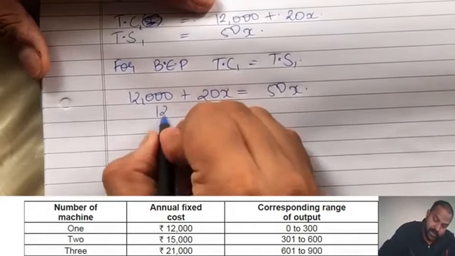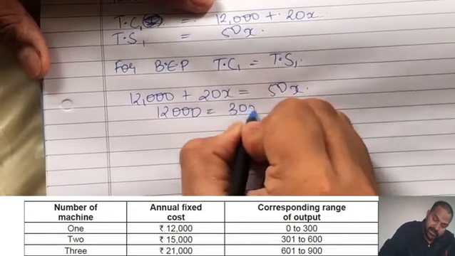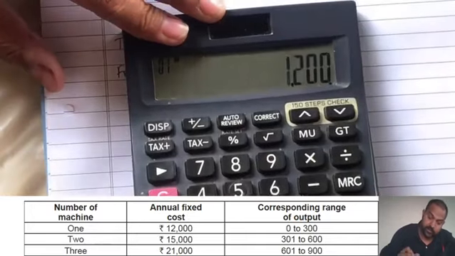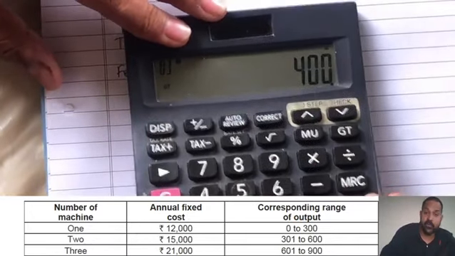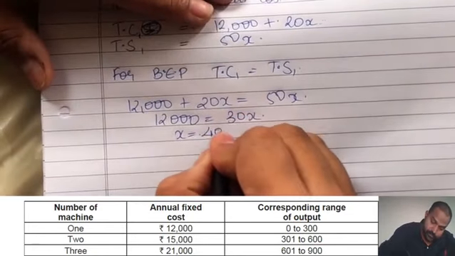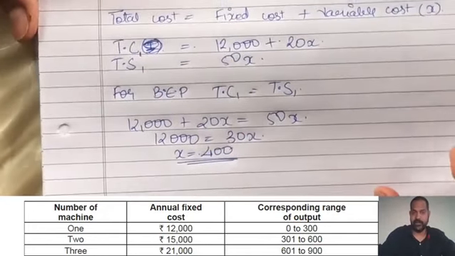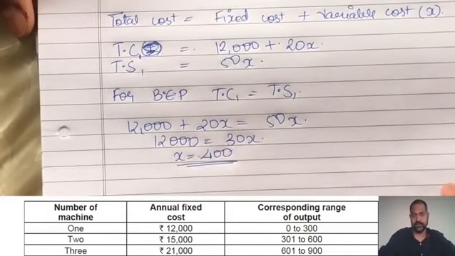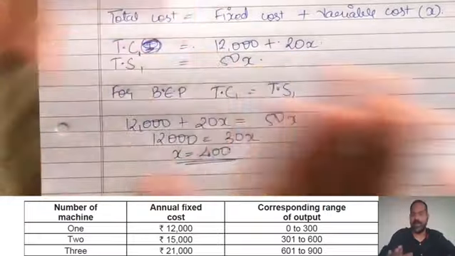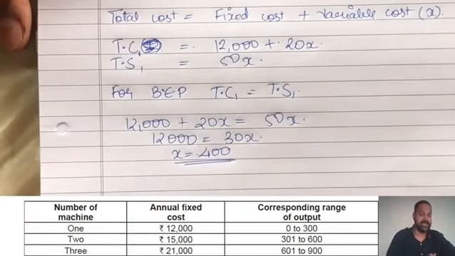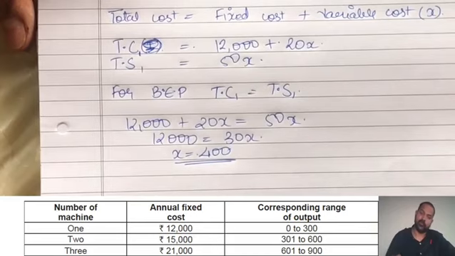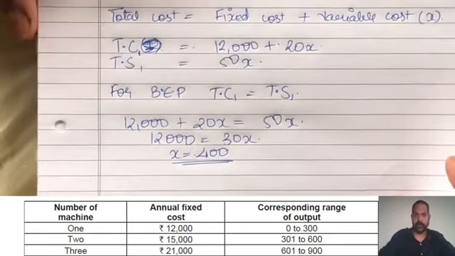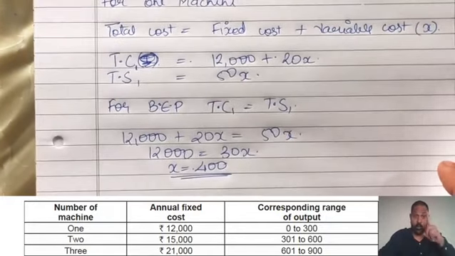Take the 20 to the other side. 12,000 is 30x, or x is 12,000 divided by 30, which is 400. So, if I buy one machine, I should produce a minimum of 400 units. If I produce 400 units, it will be neither profit nor loss. If I produce less than 400 units, it will be loss. More than 400 units, it will be profit. So this is the break-even point or the break-even quantity for one machine.